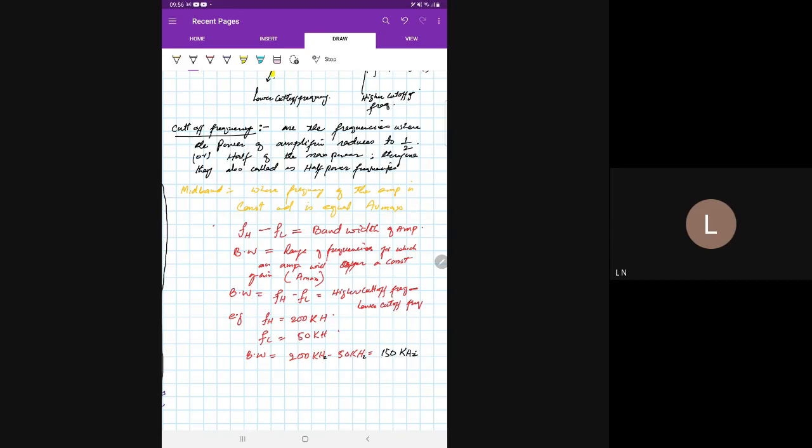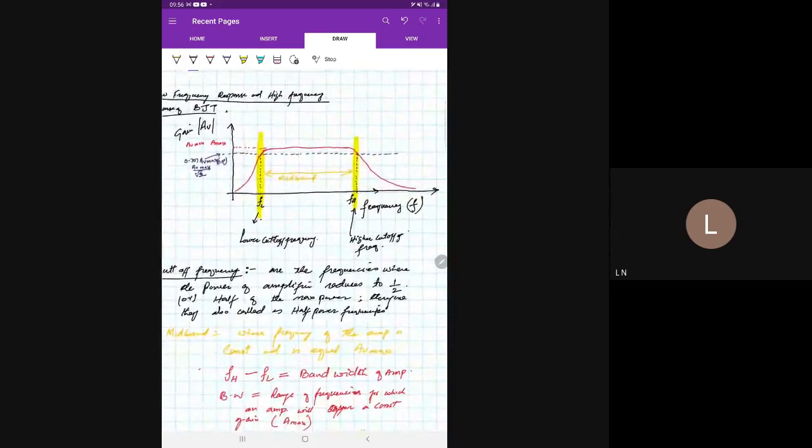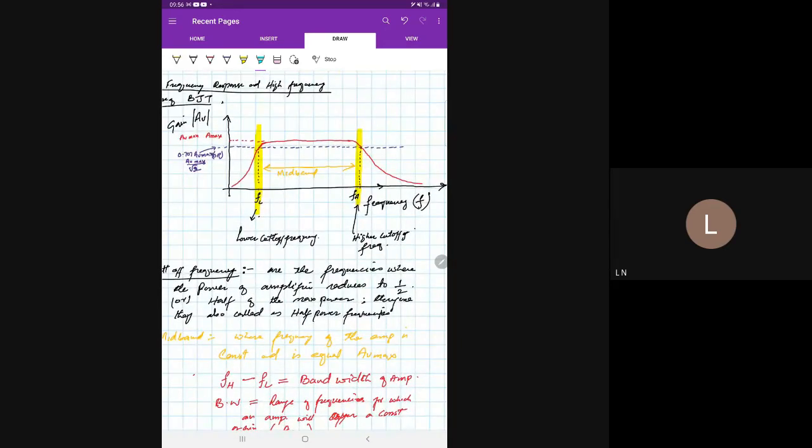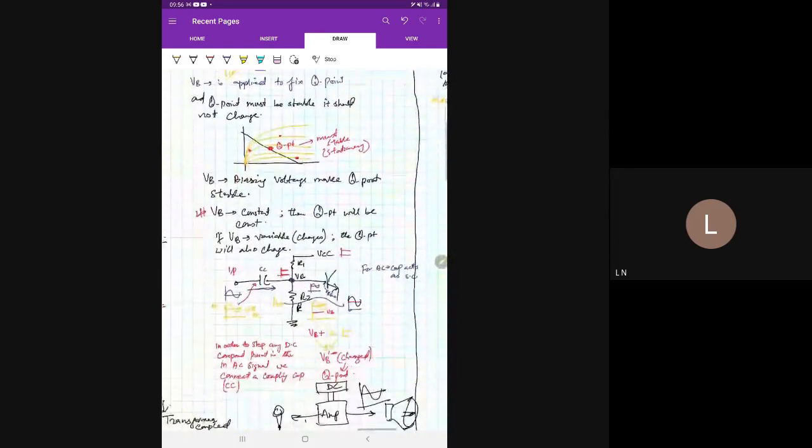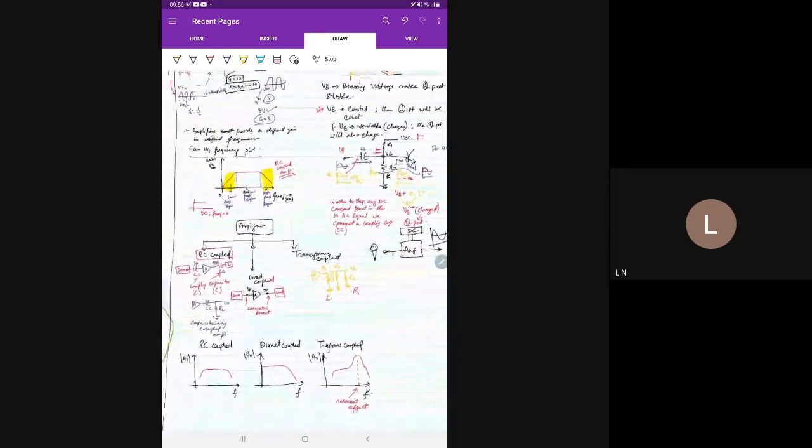Now see, from our gain versus frequency response, we can see that we have three different regions. We have already discussed this in our previous lecture.